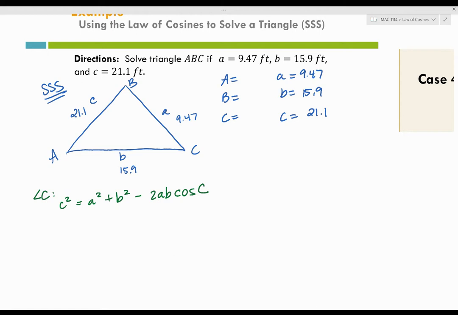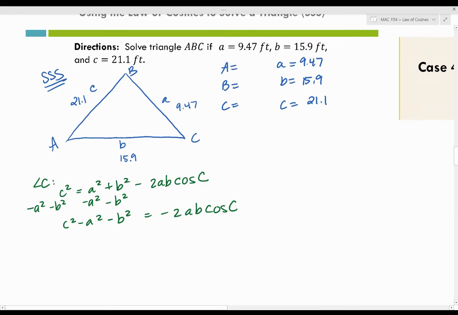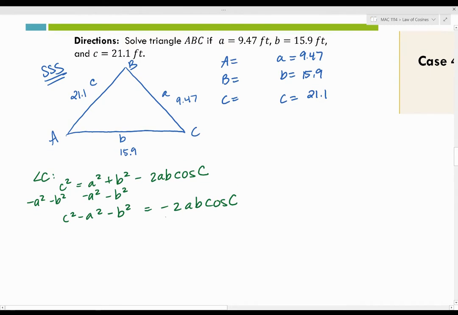Right now, the quantity on the right side will give me side c, so I'm going to move some of my terms over. I have negative 2ab cosine C on the right-hand side, so I need cosine C by itself.